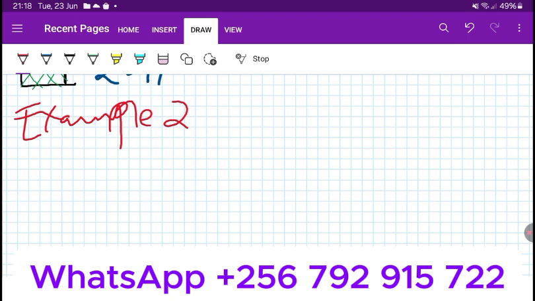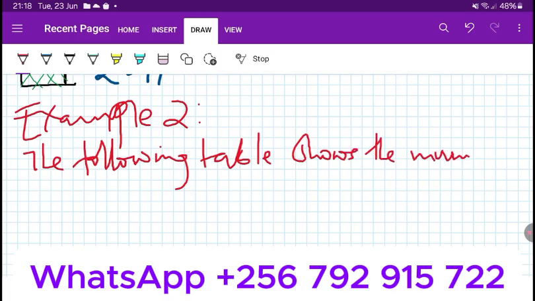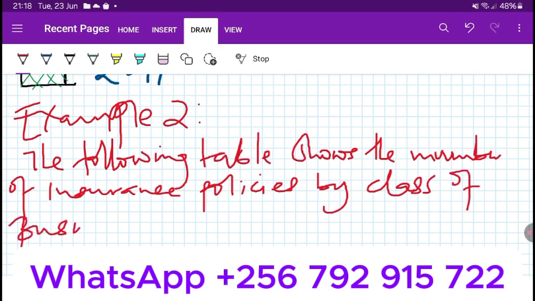Example 2. Of course, they are saying that the following data table shows the number of insurance policies by class of business.